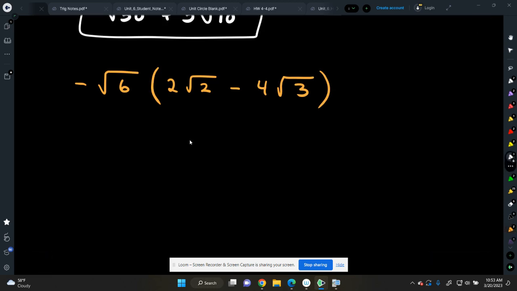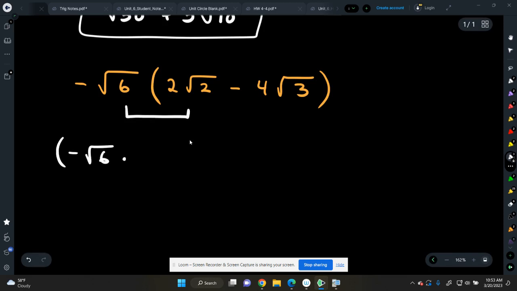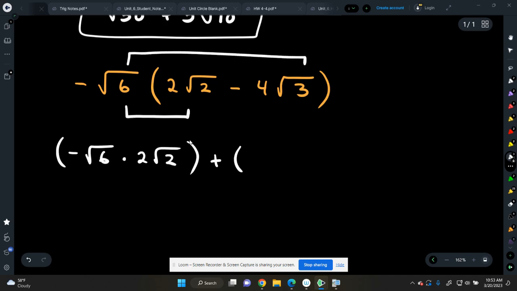So once again, we're going to distribute. So I have negative root 6 times 2 root 2 plus, I'm going to distribute over here, negative root 6 times negative 4 root 3.